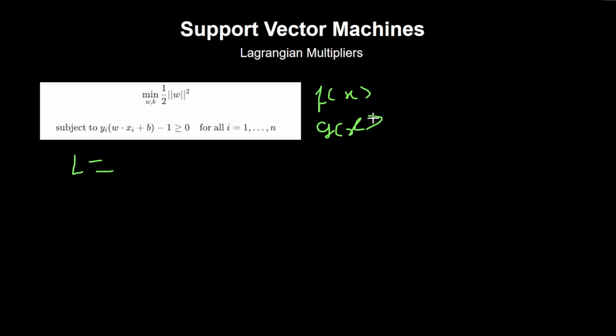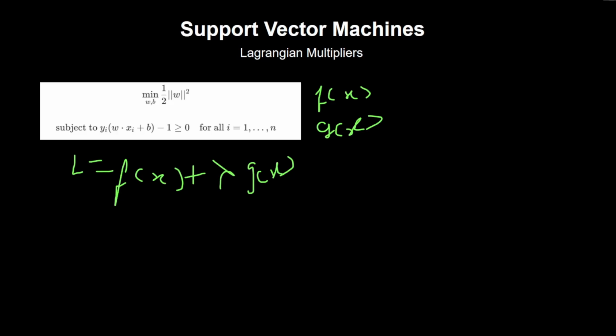So for the optimization of f of x under the constraint g of x, we can write the Lagrangian equation as f of x plus lambda of g of x. Here lambda represents the Lagrangian multiplier. In this way we can solve the constrained optimization problem.